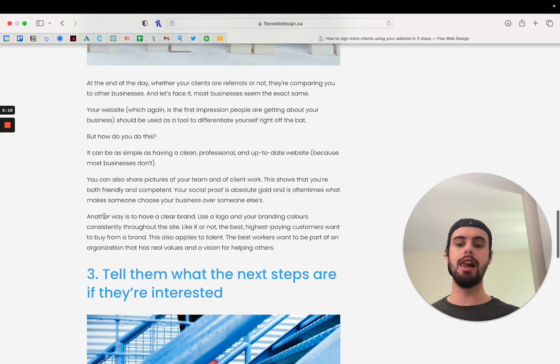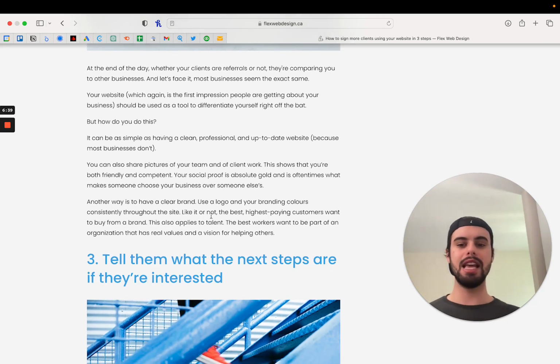Another way here is to have a clear brand image on your website, right? Use a logo and branding colors consistently throughout the site. Higher paying clients, better clients that are going to be more satisfied with your services, and they just want their problems solved, right? They're not going to be a pain in the butt to your business. They want to hire on a brand. And the thing that's interesting about this is it also applies to talent and skilled labor.